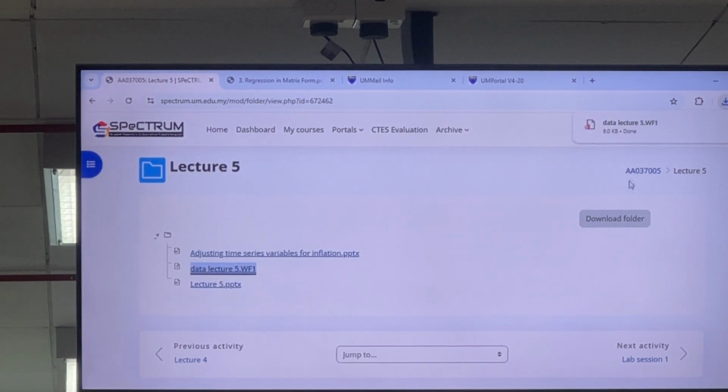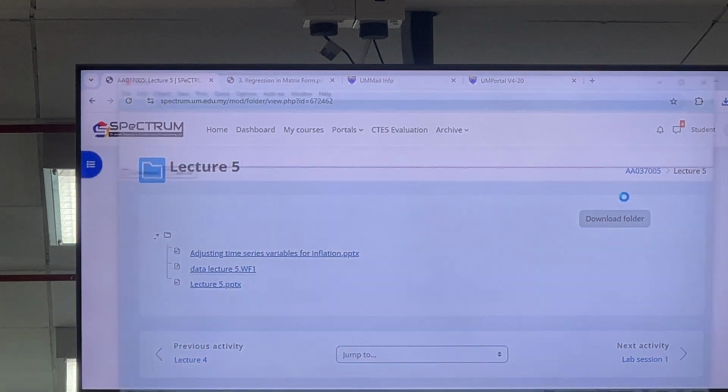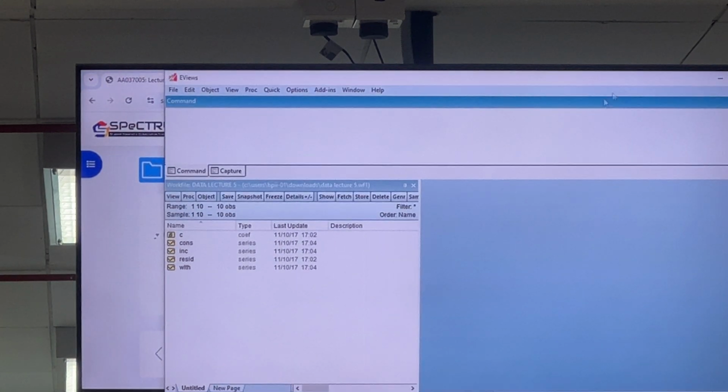This one just shows an example, you don't need to do it. Let's say we want to construct a model to estimate consumption, and we have two regressors, independent variables, income and wealth.